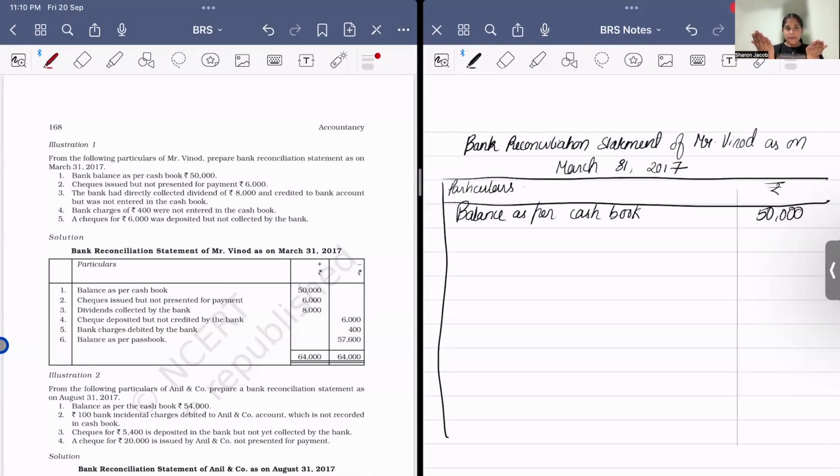Here it is cash book and passbook. Then, second thing is you adjust your passbook or you adjust your left hand. Okay, you adjust only your left hand. So, in this position, we are starting off equally. Now, what will happen? Is it equal in our passbook and cash book now?